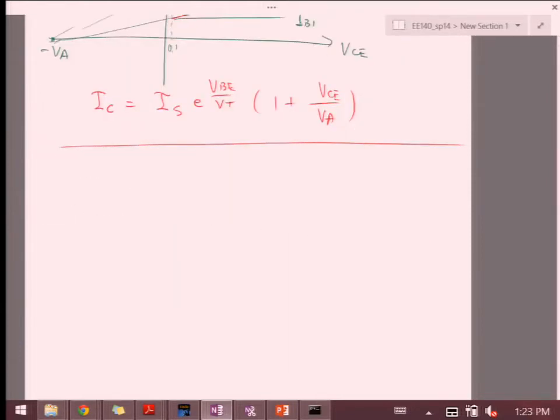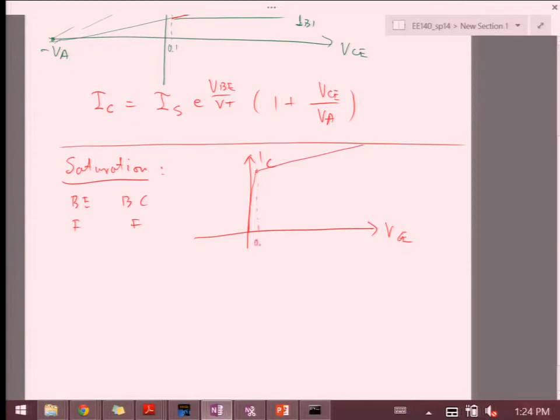Okay, so I'm going to briefly spend time on another region which we mentioned, and that's the saturation. In this region, we always classify it by the junctions, base emitter and base collector. And in this case, both are forward biased. So again, the curve of IC versus VCE has this very small region where currents really drop.